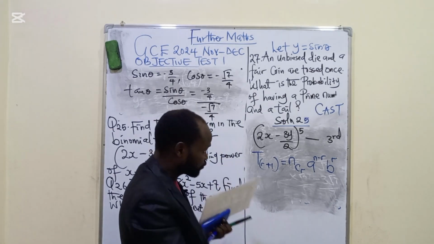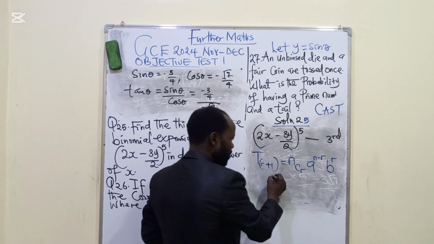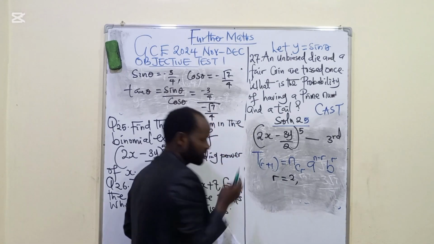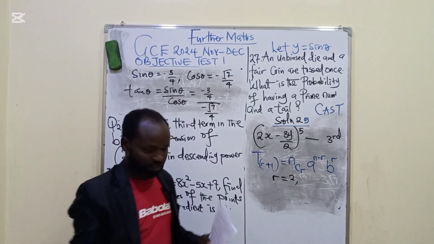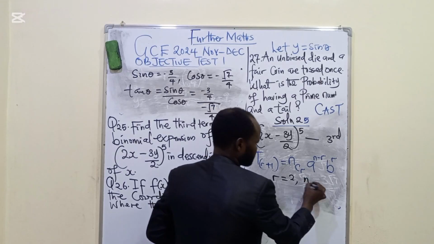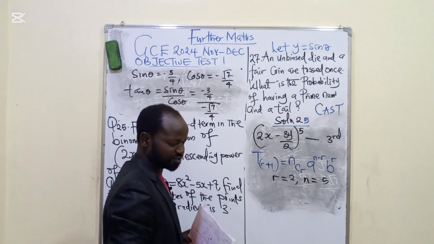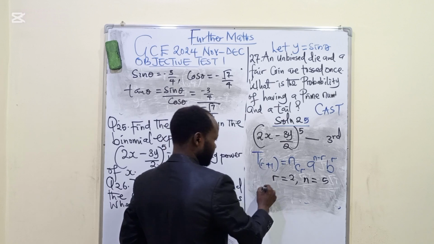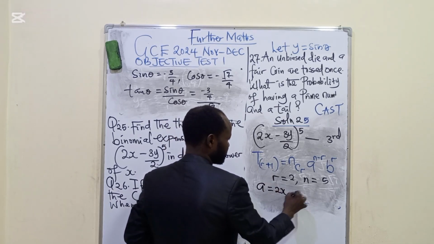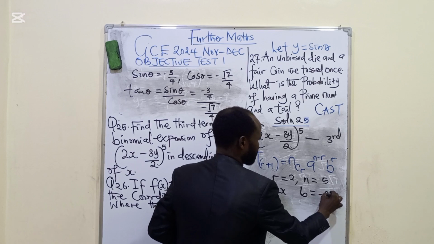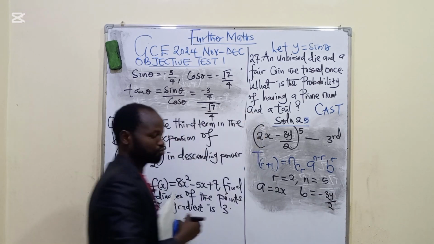Of course, it is 2. So it means our r will be 2 because 2 plus 1 is 3, and we're looking for the third term. Our n from the question, of course, is the power here, which is 5. The first term, which is a now, is 2x. Then the second term, which is our b, of course, is minus 3y divided by 2.